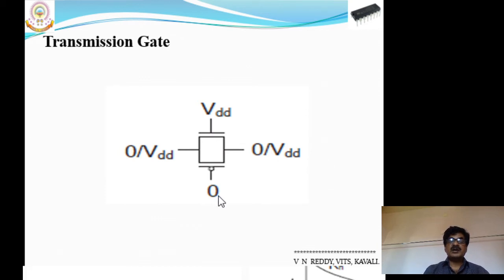If the applied value is logical low at one end, the Nmos transistor passes that value perfectly to the output, whereas if the applied value is VDD at one end, the Pmos transistor transmits that logical one value perfectly to the other end. So you can avoid the drawback of the pass transistor that we identified in the previous slide case.